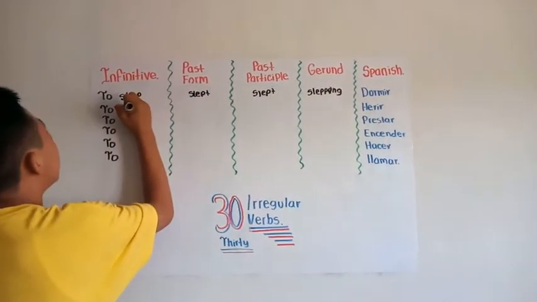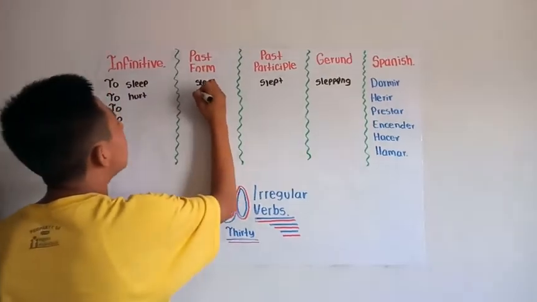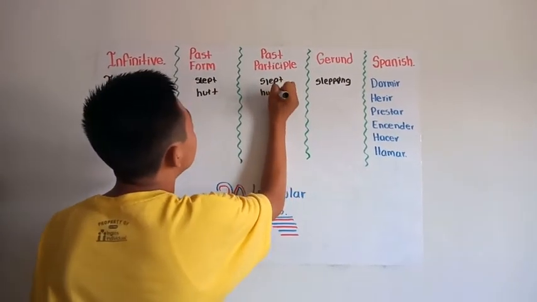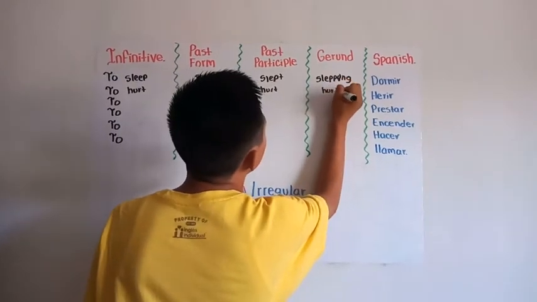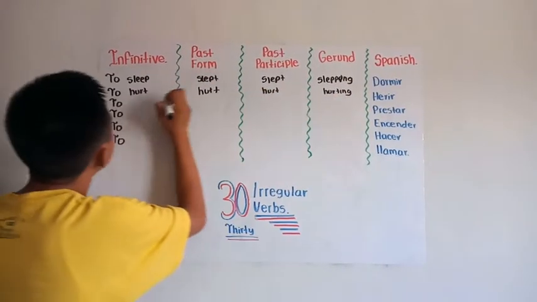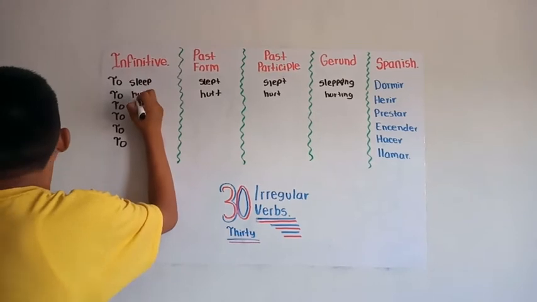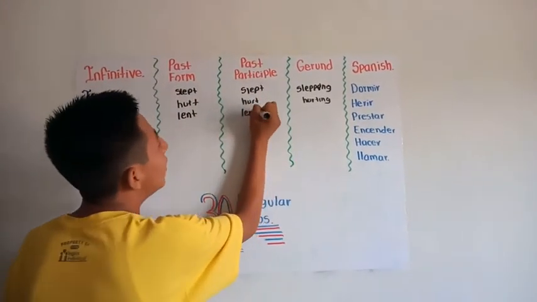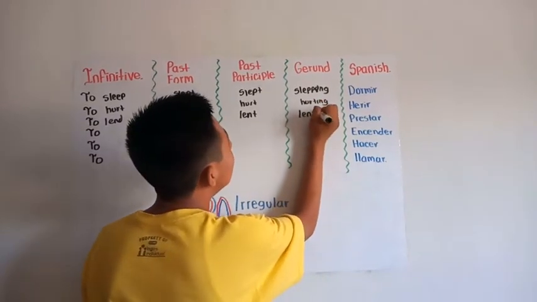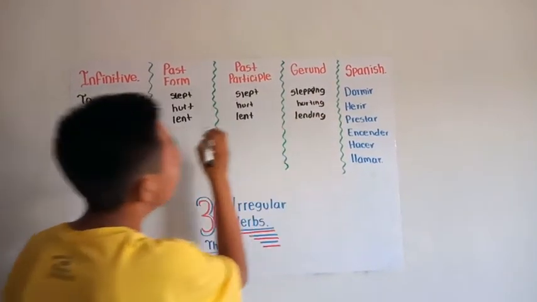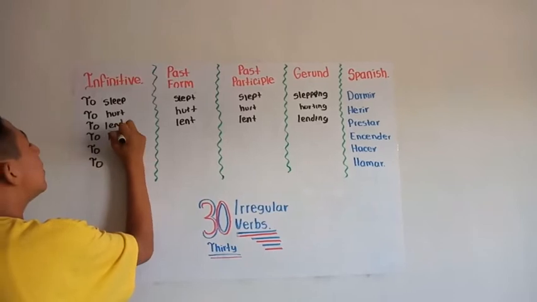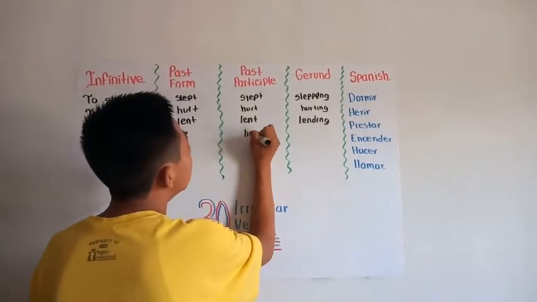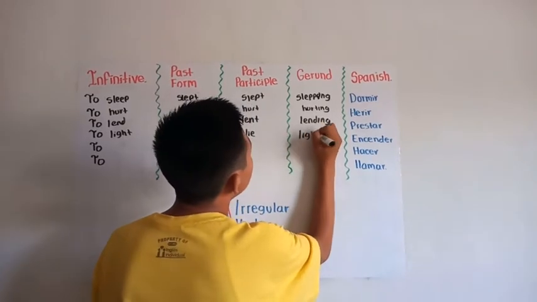Herir, to hurt. It is the same in the three forms. Hurt, hurt, and hurting. Prestar, to lend, lent, and lending. Encender, to light, lit, and lighting.